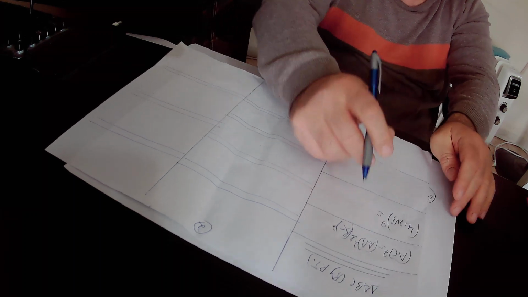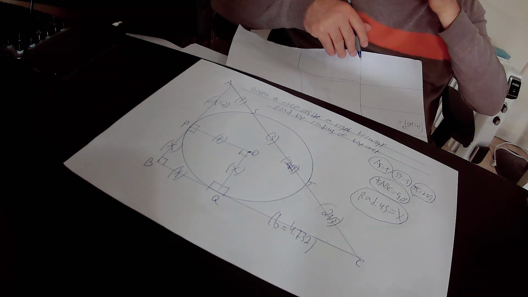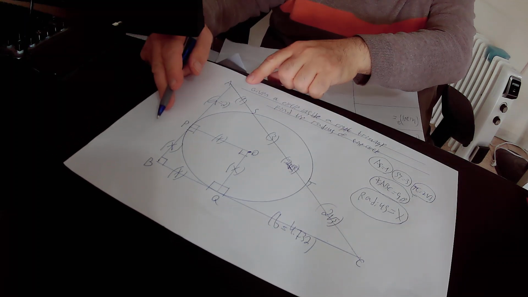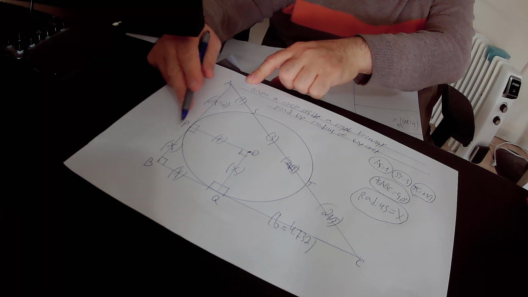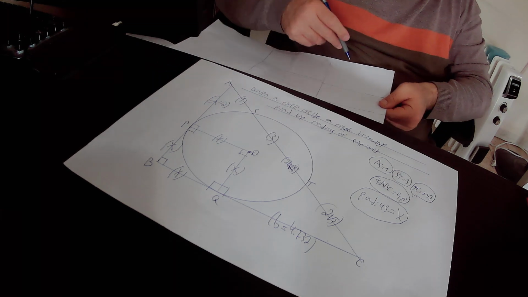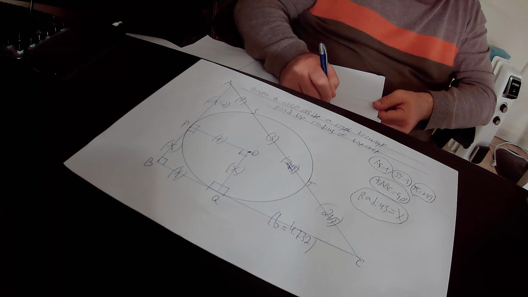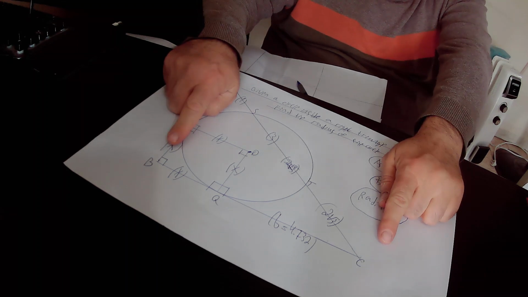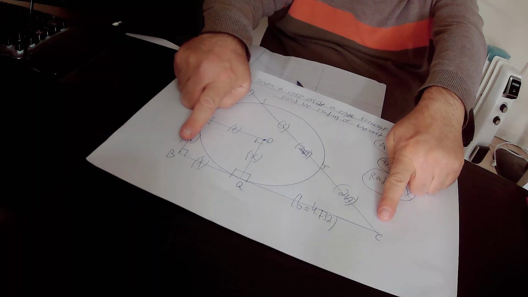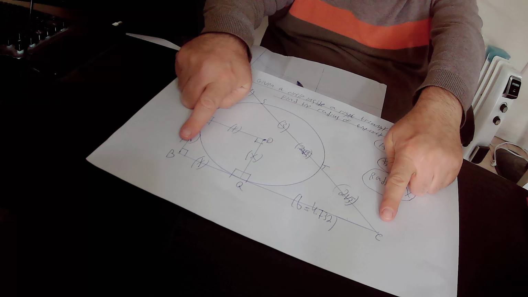And it must be equal to AB square plus BC square. From the drawing, it is very easy to see that AB equals x plus 2. Therefore, AB square equals x plus 2 square.